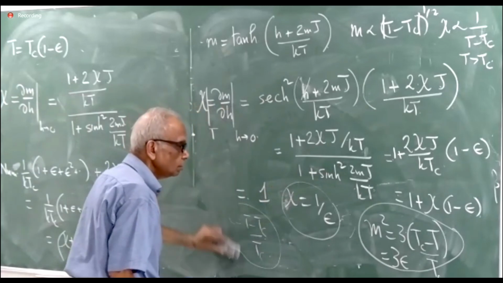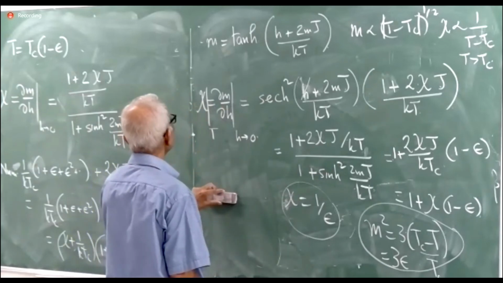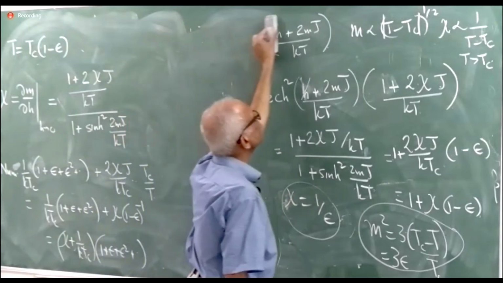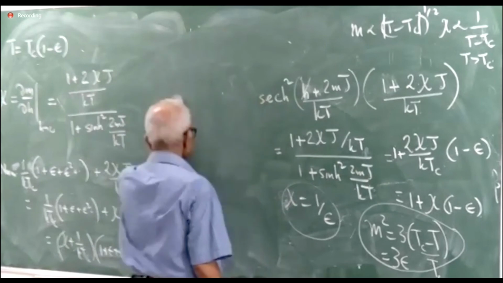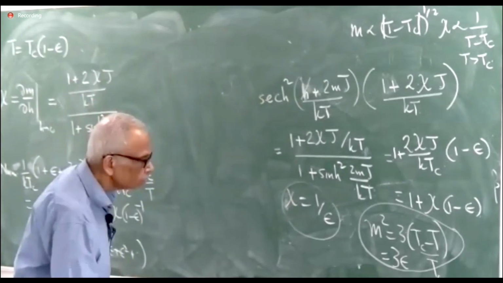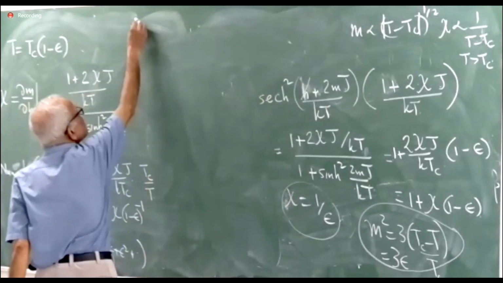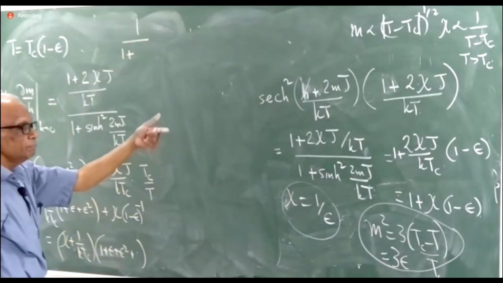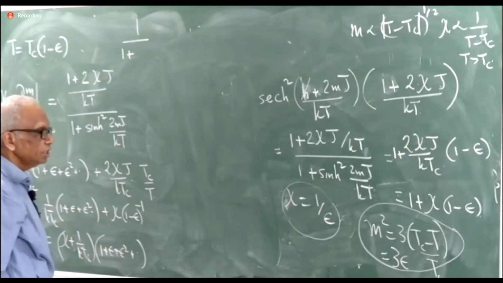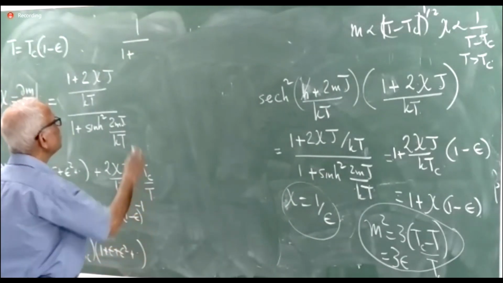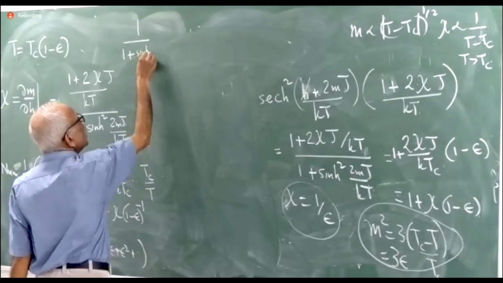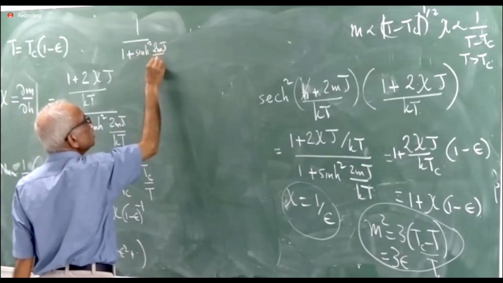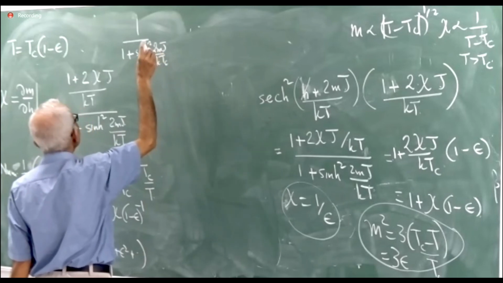So I want to look at this denominator over here, which is 1 plus sinh, the m is a small quantity, so it is sinh squared, and then it is 2mJ over kTc.